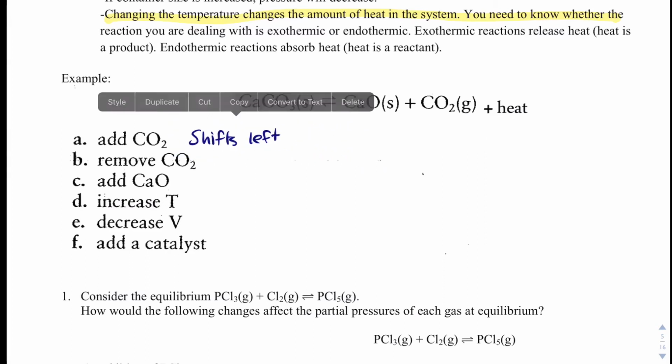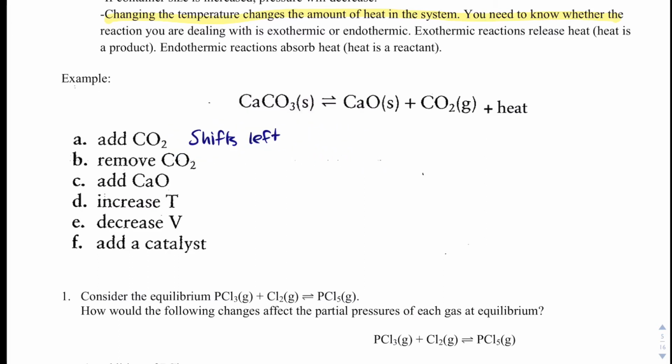Okay, and that would be advantageous for us. If we remove some CO2, now CO2 is not enough, so the reaction needs to produce some more CO2. So this would cause the reaction to shift right, because that would generate more CO2 with the decomposition of calcium carbonate.